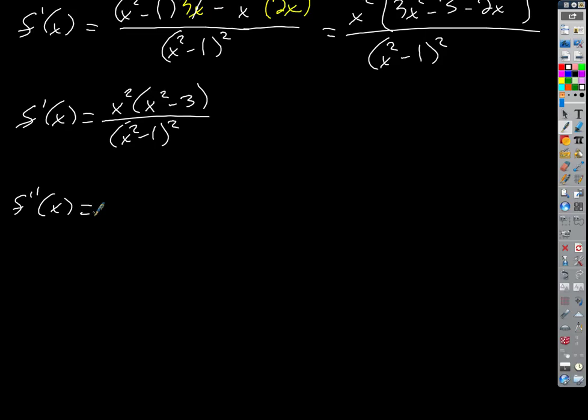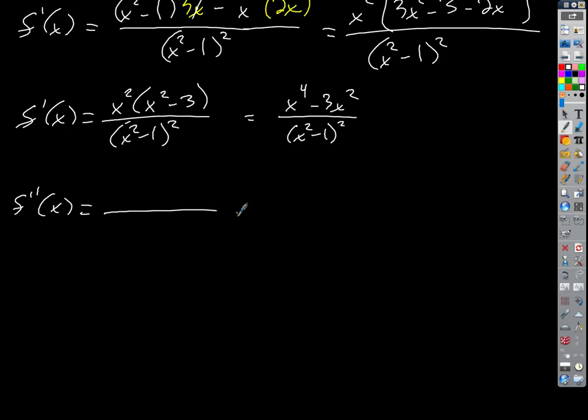So let's go ahead and also just distribute the x squared. We'll have it in factored form here too already, so when we find the zeros, that'll make it easy. If I distribute the x squared, I get x to the 4th minus 3x squared over x squared minus 1 quantity squared. Okay, so now, quotient rule again.